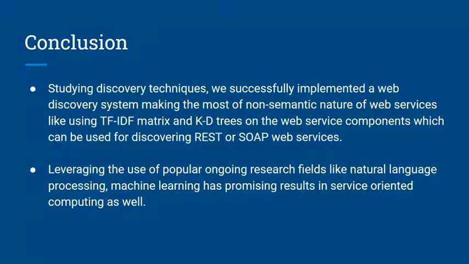So the conclusion is that, studying discovery techniques, we successfully implemented a web service discovery system making the most of the non-semantic nature of web services, using TF-IDF matrices and KD trees, which is kind of a clustering algorithm on the web service components, and which can be used for discovering REST or SOAP web services.